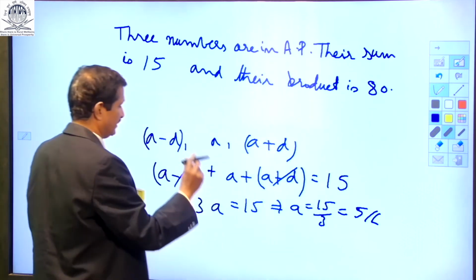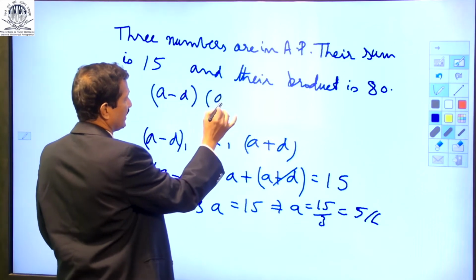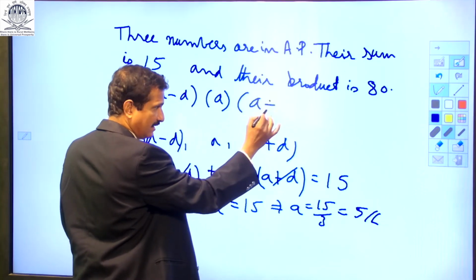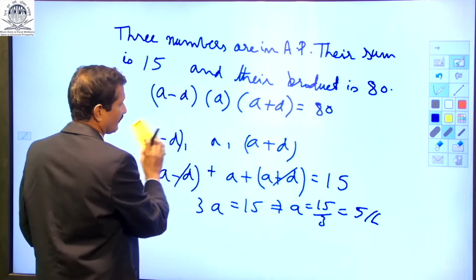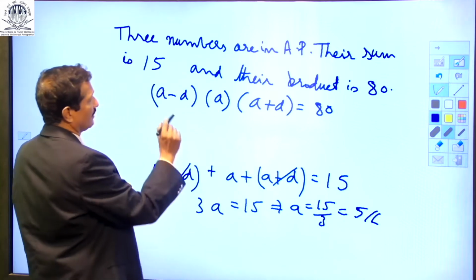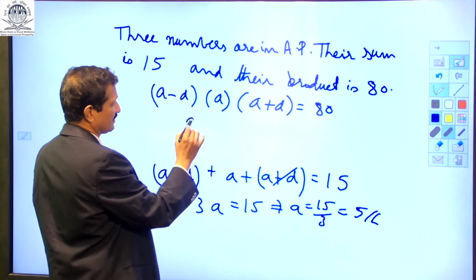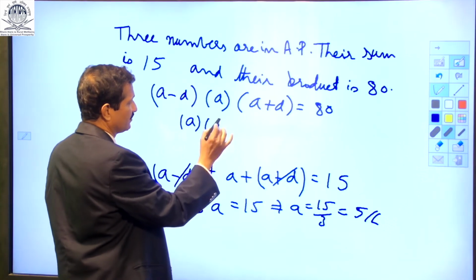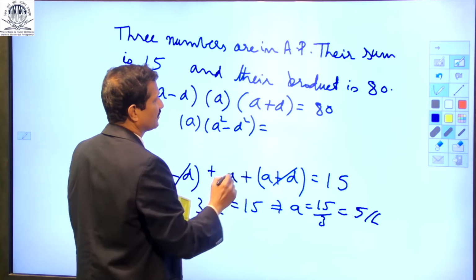The product is 80. Product is given by A minus D into A plus D into A, which is equal to 80. A minus D into A plus D is A square minus D square. So, this is A into A square minus D square, which is equal to 80.